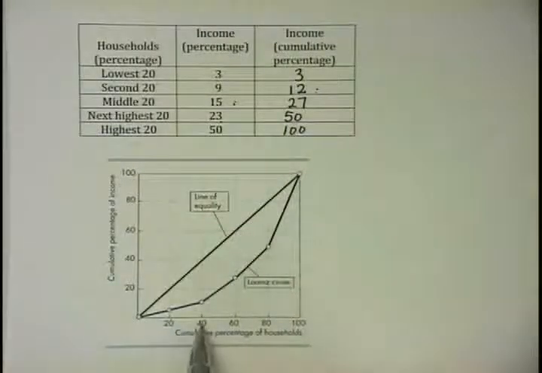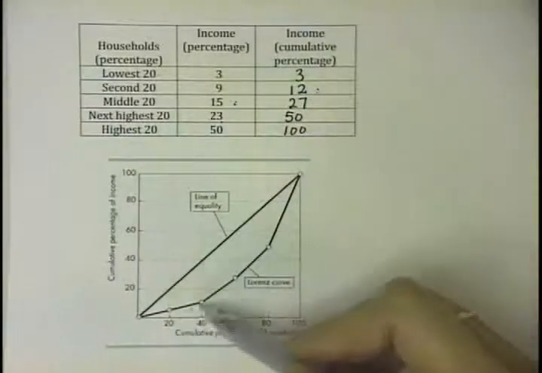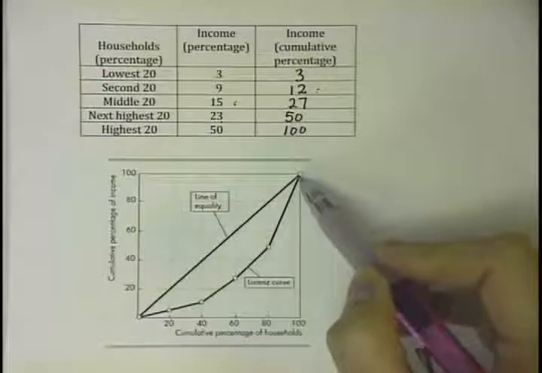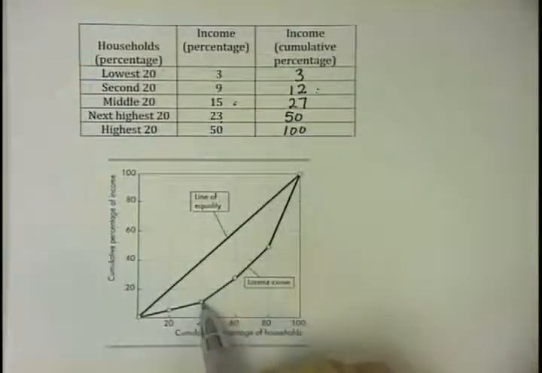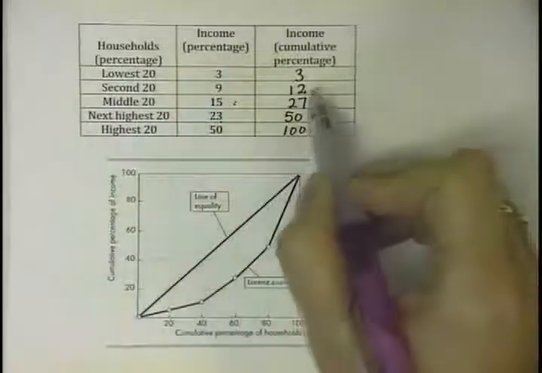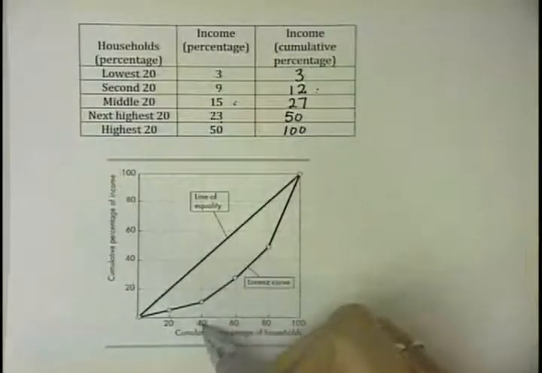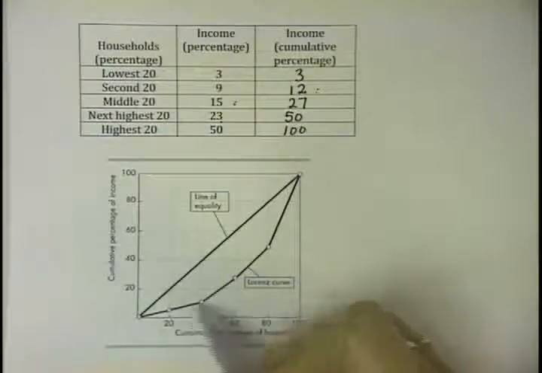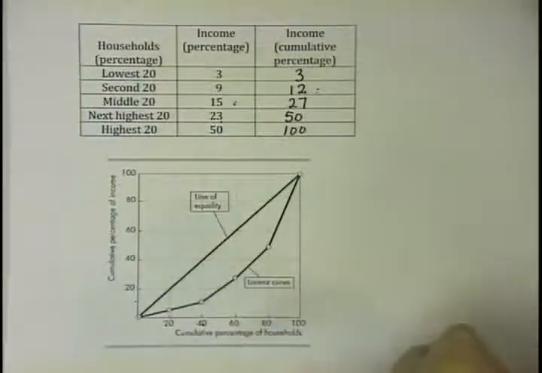If we're over here at 40% of households, the Lorenz curve is showing the cumulative impact. At 40% of households, if we extend it over, it would be 12%. So the lowest 40% of the households earn 12% of all income.